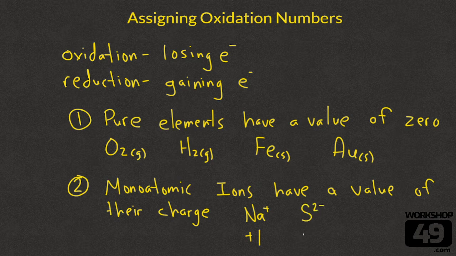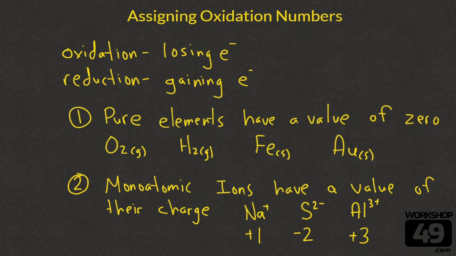Sulfur 2 minus, that's -2. Aluminum 3 plus, that's +3. So if something is a monoatomic ion, not a polyatomic ion, we'll get to those later, it has a value of its charge.